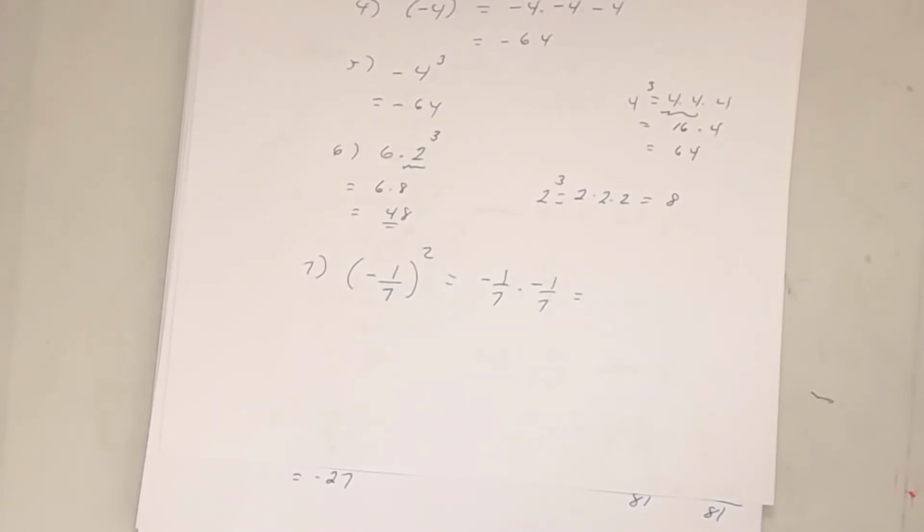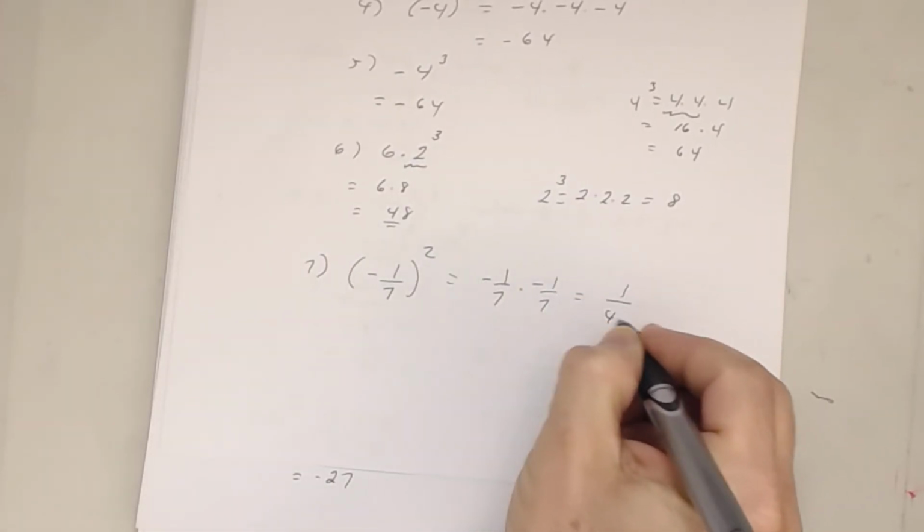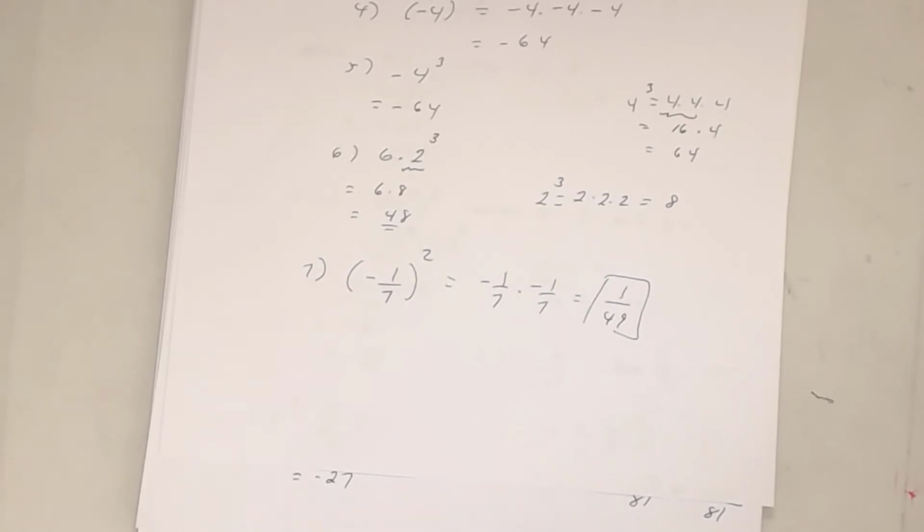So you multiply the numerators. What's a -1 times a -1? What's 7 times 7? What's the answer? Positive 1/49, or 1 divided by 49. Okay? All right. So that takes care of that 12.1 part A. I think there's like one question on your test dealing with this.